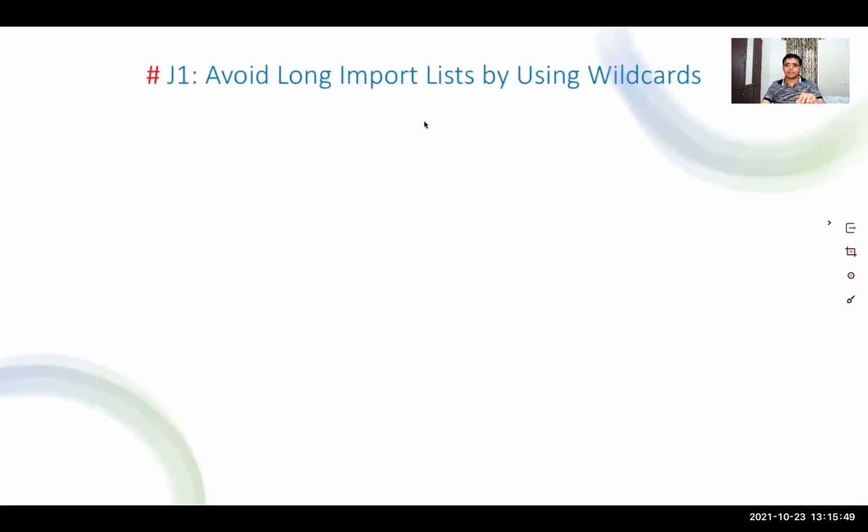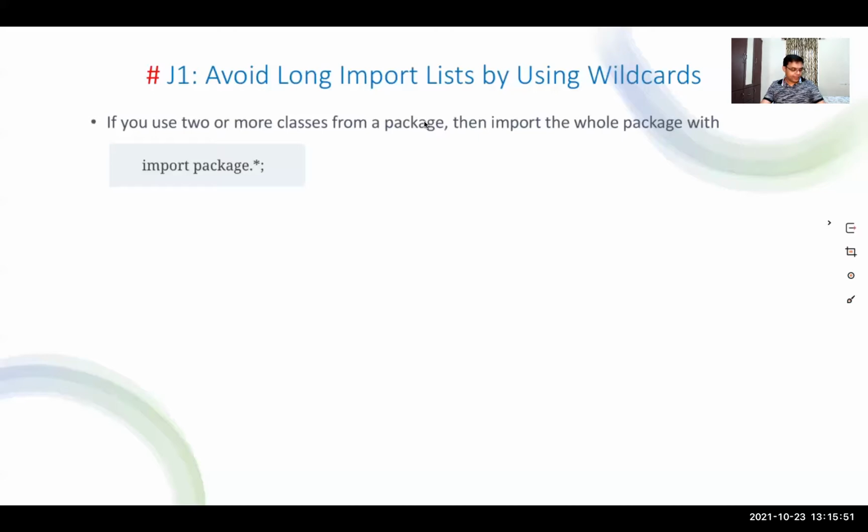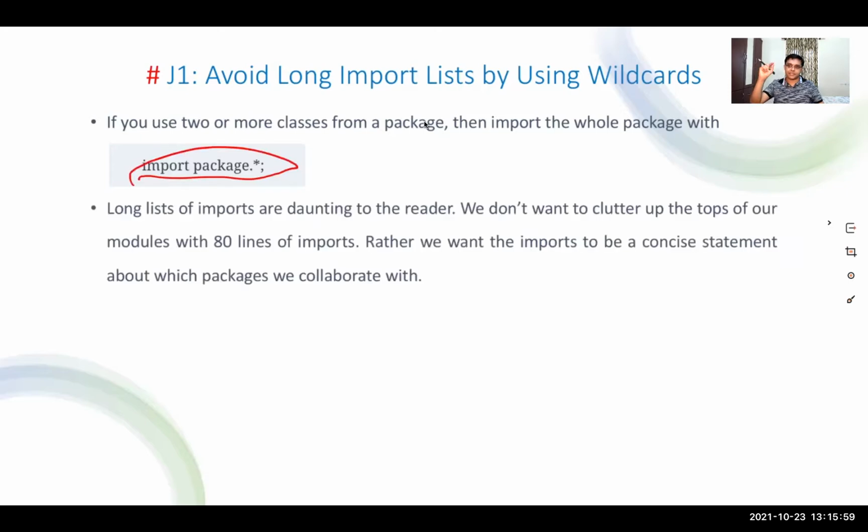Some Java also, I'll quickly go into, since I know the time is gone. Instead of giving 10 import statements, package dot method 1, package dot method 2, I can use package dot star also.